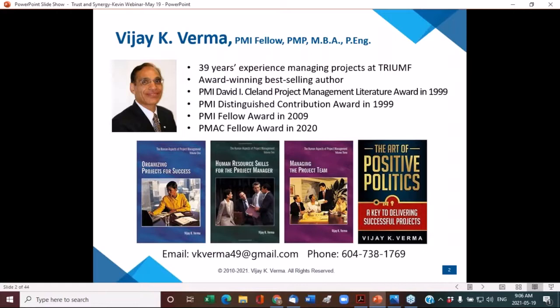And then I used to work until 3 o'clock in the morning. So my wife told me, no more books. But I have been trying to influence her in the last few years. So this is my fourth book, which came out: The Art of Positive Politics, A Key to Delivering Successful Projects, published by Multimedia Publications, Inc. You can contact Procept Associates if you want a copy of that one, or get it from Amazon.